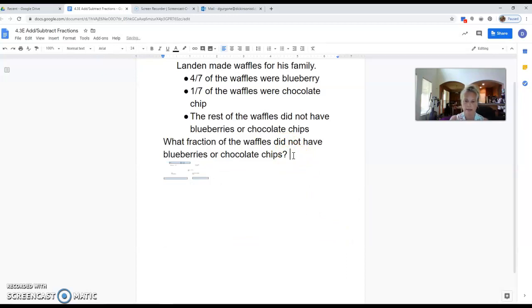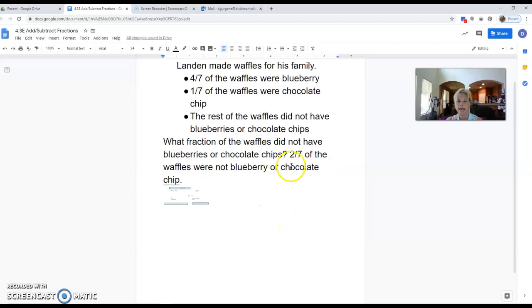Okay, so 2/7 of the waffles were not blueberry or chocolate chip.